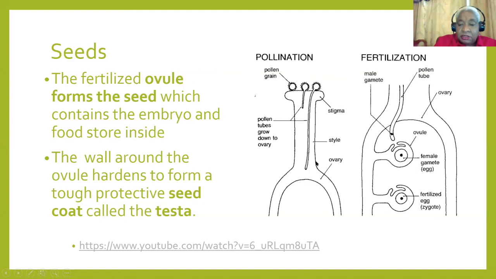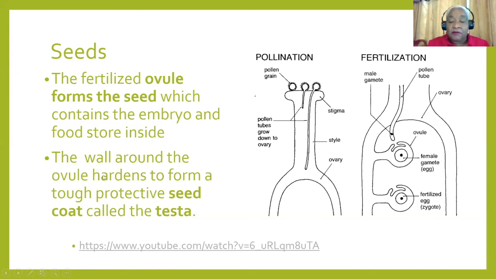The pollen tube grows down into the ovary, and then the male gametes travel down the pollen tube, and eventually the male gamete will fuse with the female gamete, and you get a fertilized egg or fertilized ovule, which becomes a zygote.